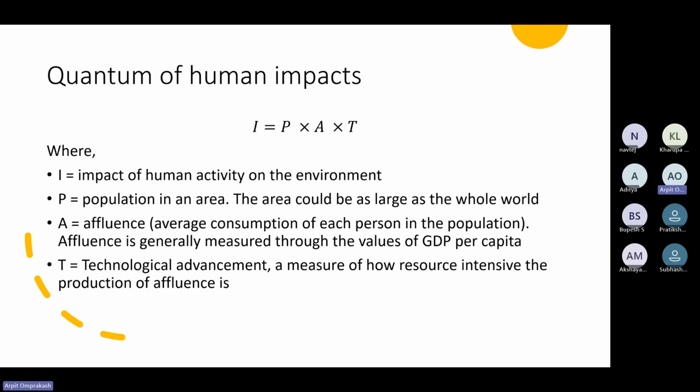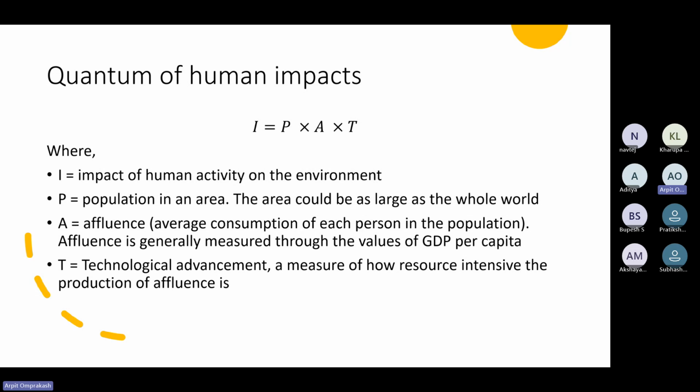So P is the population that is involved in the activity or that is present in that given area. A is affluence. Affluence is basically the average consumption of each person in the population. It is generally measured through the values of GDP per capita. So GDP basically indicates how much material is produced per capita.